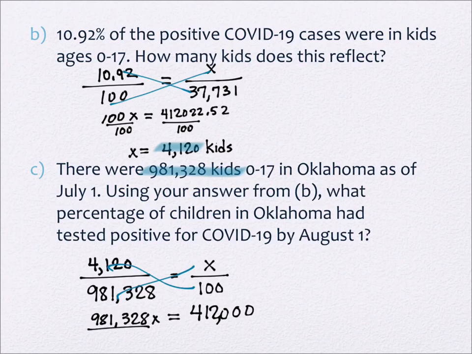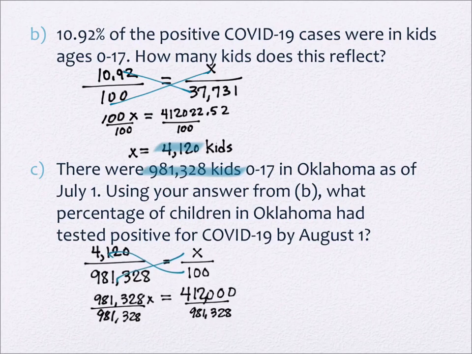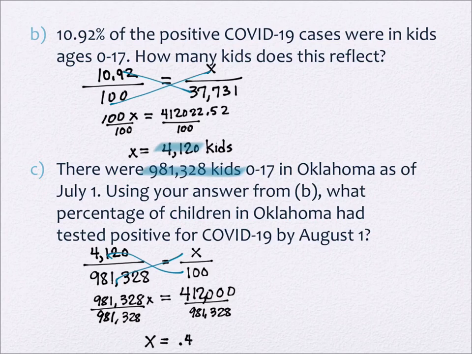And we'll divide by the 981,328. What do you get when you divide that out? 0.42. It comes up very small again, right? And smaller than the 0.95, 0.42%.